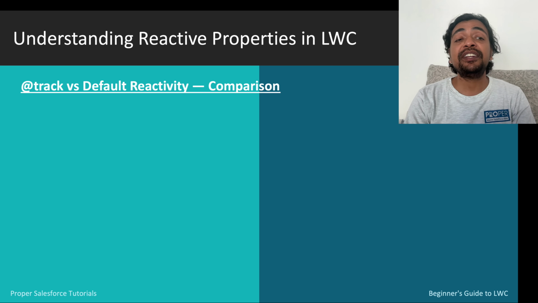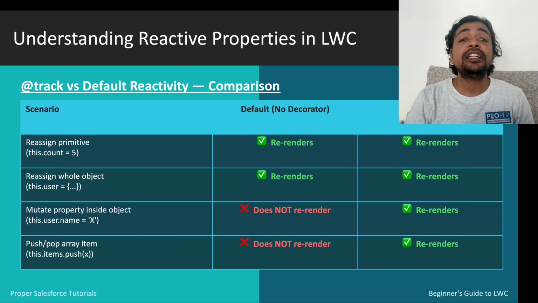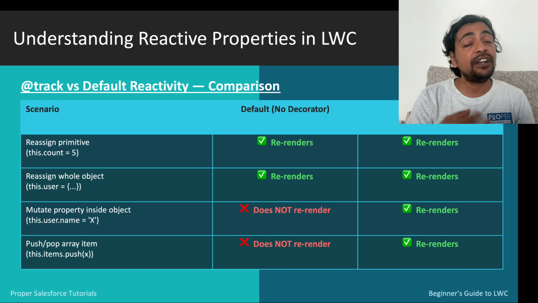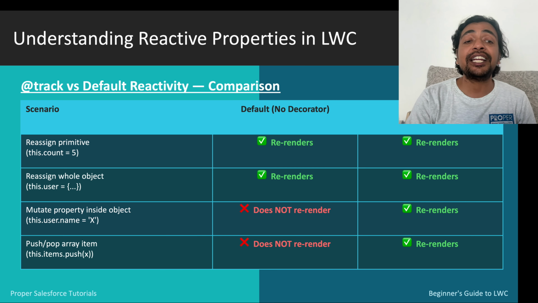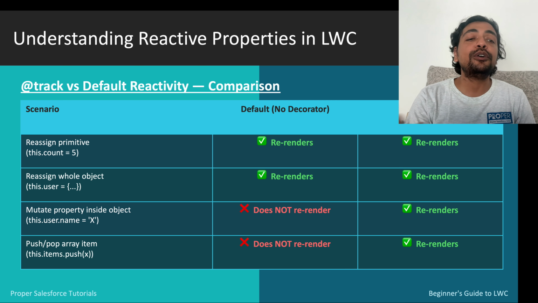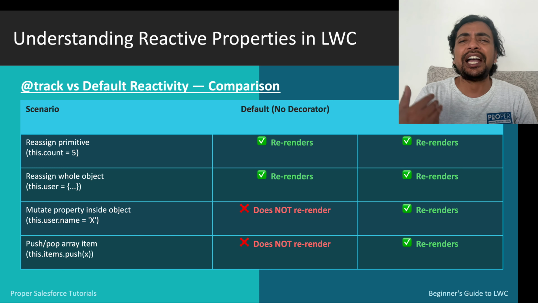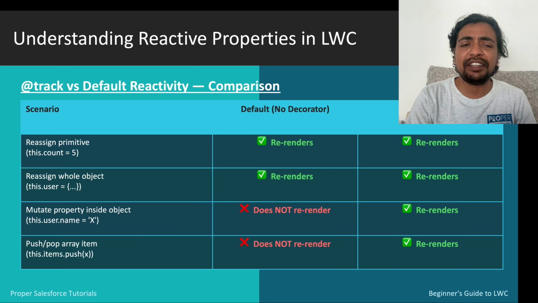Now what's the difference between @track and the default reactivity? If we talk about reassigning a primitive, no decorator is needed to re-render it, so it is reactive by default. If we talk about reassigning a whole object, it is also reactive by default without using any decorator. And of course, if you use @track, it will remain like that, so no need to add a burden over there. By default, they work.